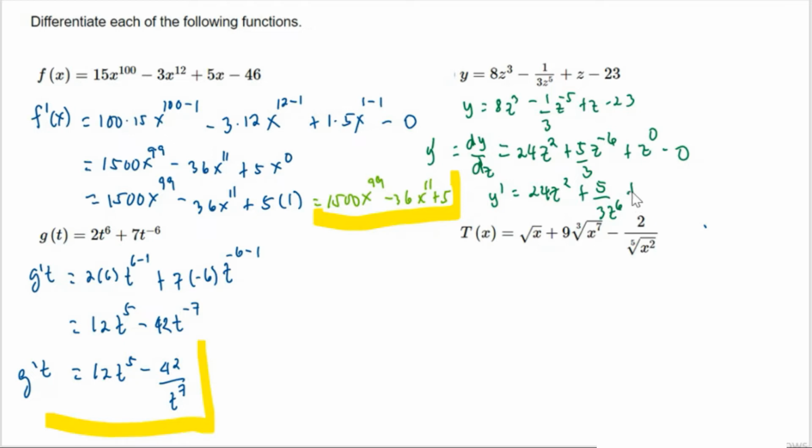So therefore, I will write there 1. So this is now our final answer, which is the derivative of the given function: 24z squared plus 5 over 3 of z raised to 6 plus 1.